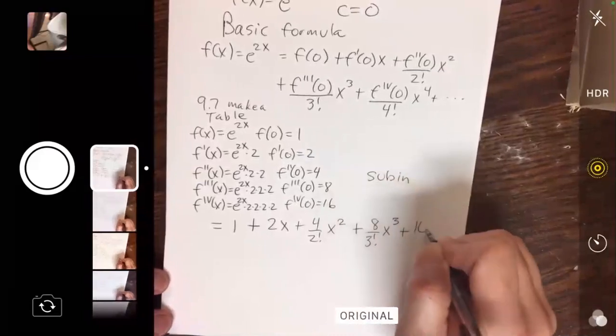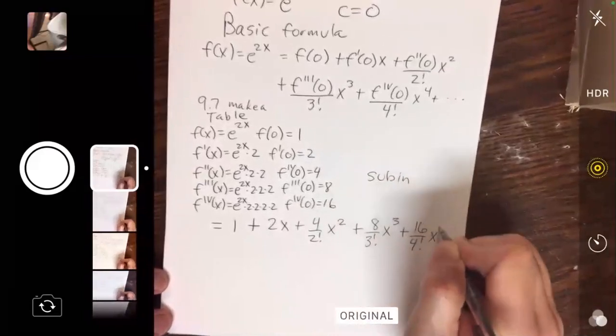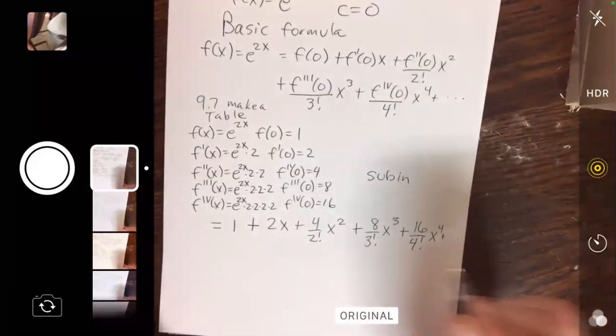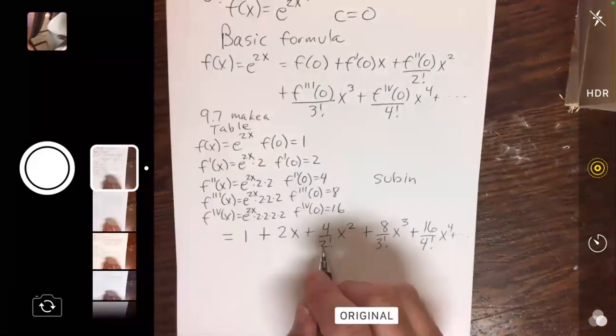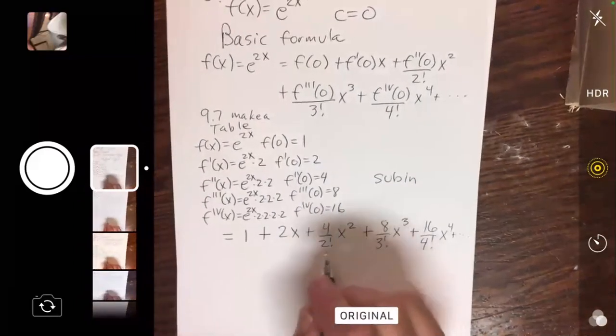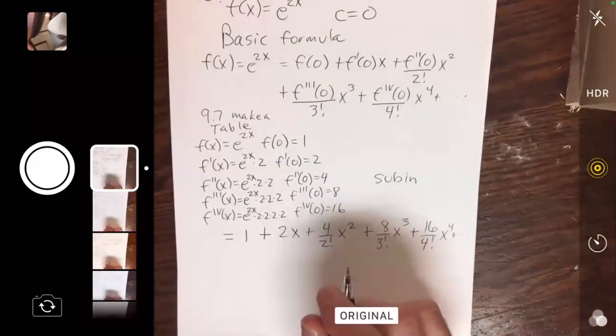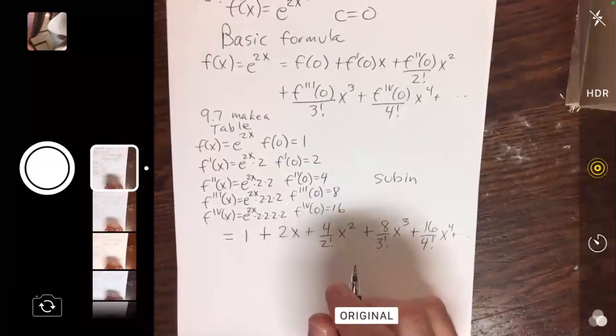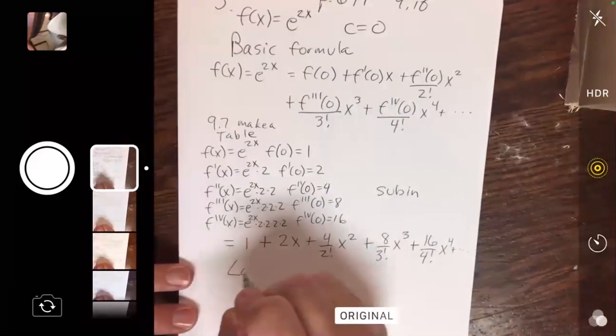And the last one is 16 over 4 factorial x to the 4th. Do you want to see the answer in the book? Matches out, or do you believe? I think we believe. Okay, now this is sort of the long way.